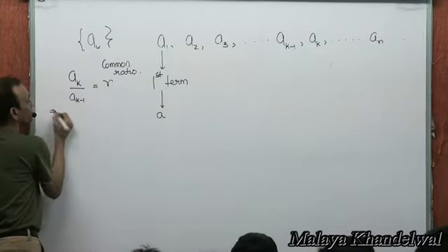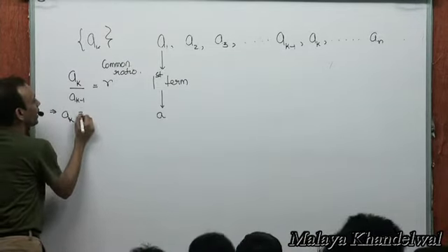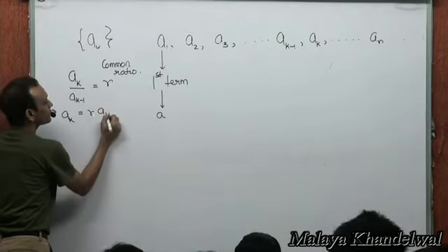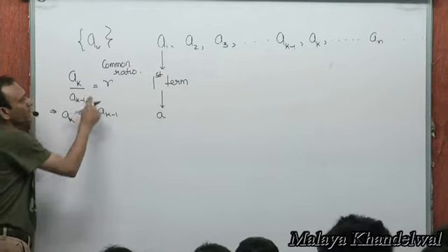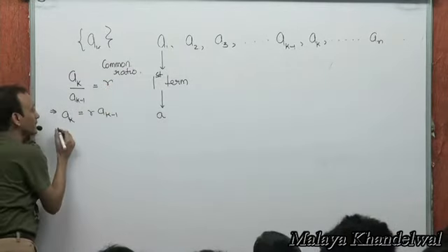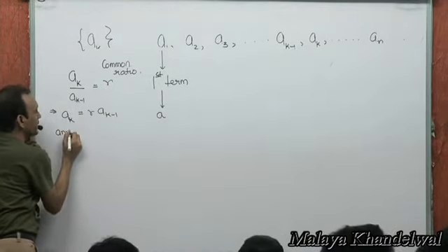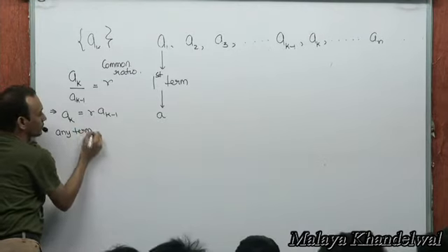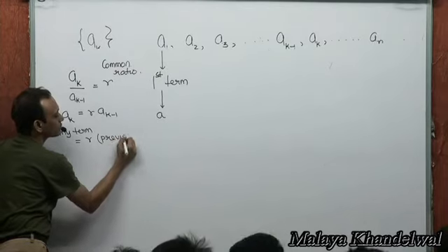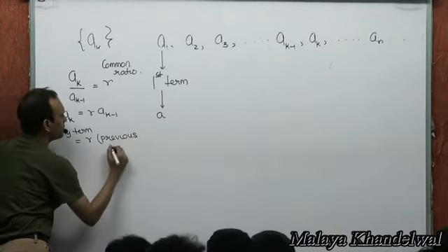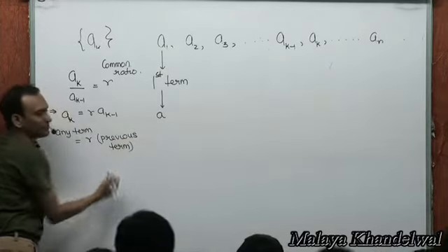In this, then, AK will be R times AK minus 1. That means any term can be obtained by multiplying the previous term with R. Any term can be obtained by multiplying the previous term with R, yes or no?